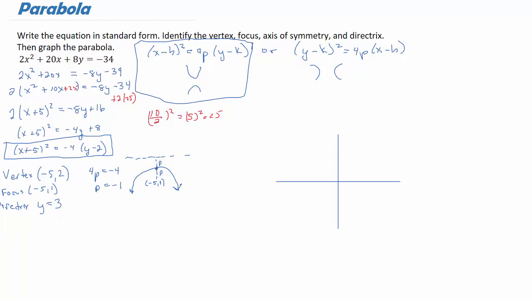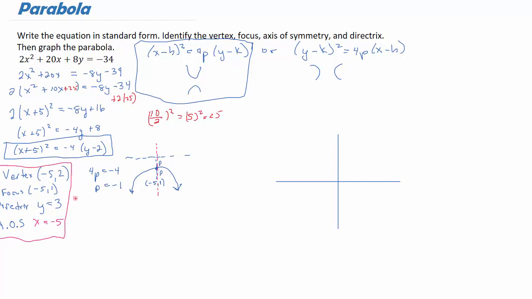We also have our axis of symmetry, which I'm going to abbreviate AOS. Our axis of symmetry has to go through the vertex, and that's going to be a vertical line, or x equals negative 5. In that case, we have our four characteristics: our vertex, our focus, our directrix, and our axis of symmetry. I'm going to put a nice little box around that to denote that important information.